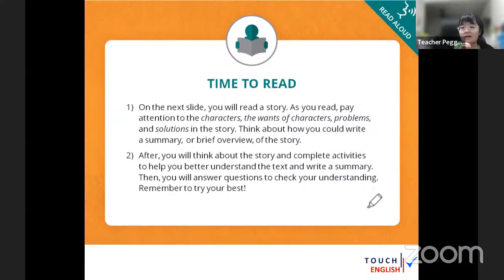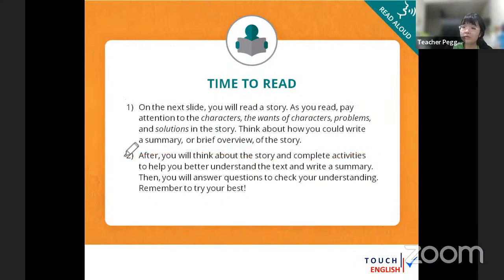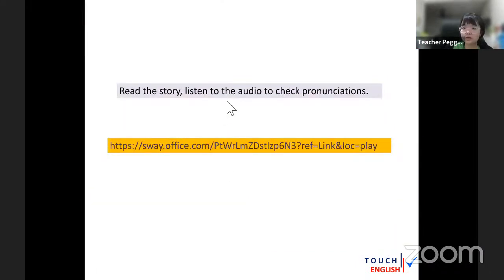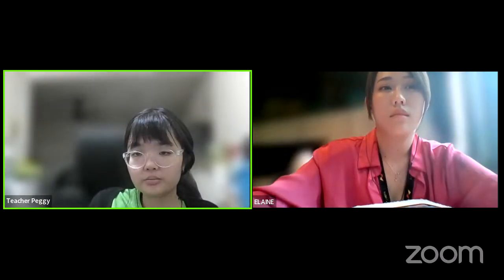This part is about the formula just now, the 'so' and 'then' and so on. Later I will teach you. You are going to use that formula to write the summary of the story. So now we are going to look at the story first. Let me open the story for you.